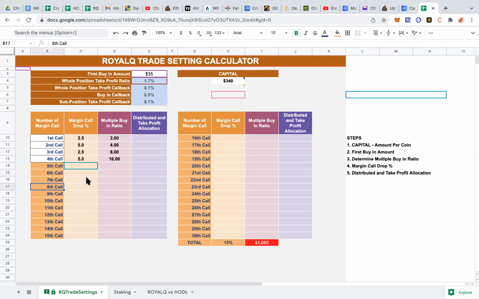They don't add any weight to the money that has already been invested on top. That's why you will need to go and add their percentage. But with the whole warehouse strategy, any money you are putting will be summed up with everything else, and it will dollar cost average. So you will only have one time to sell, and that is the profit you put in the whole position take profit ratio.